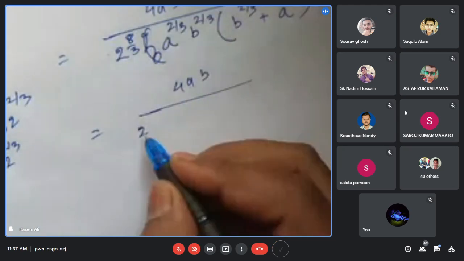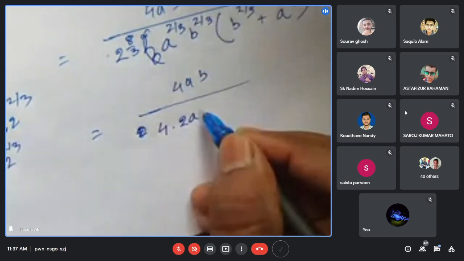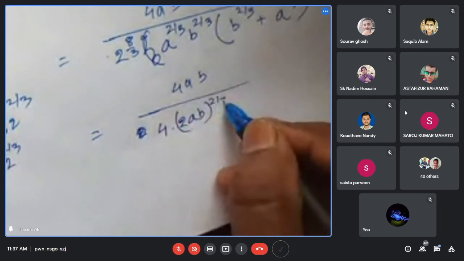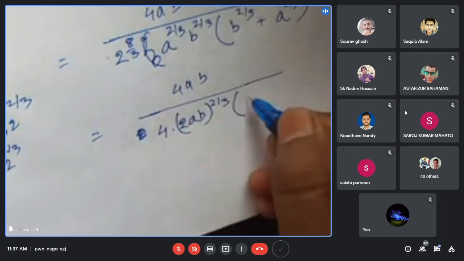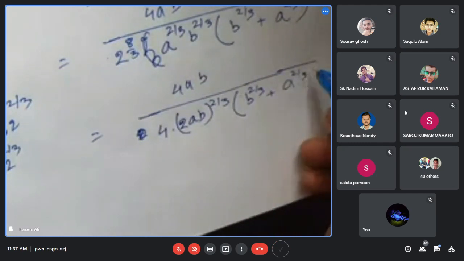So it is 4 into 2ab whole to the power 2 by 3 into b to the power 2 by 3 plus a to the power 2 by 3.